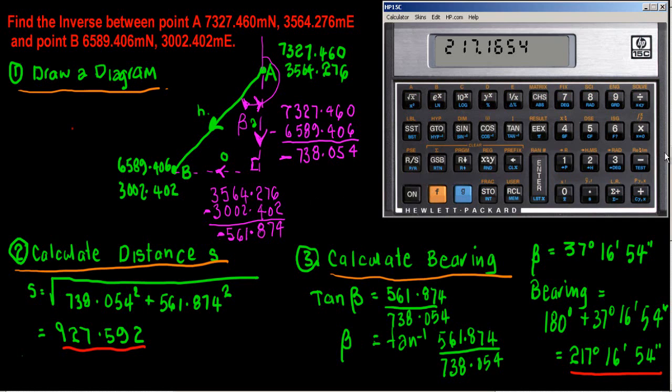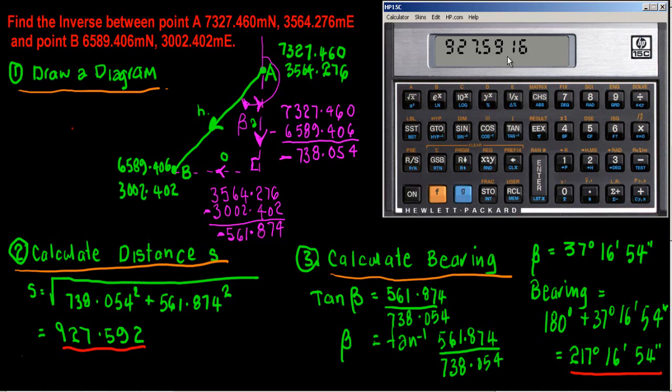What we would have to do is go 561.874, change the sign of that, enter, 738.054, change the sign of that, and then use rectangular to polar.